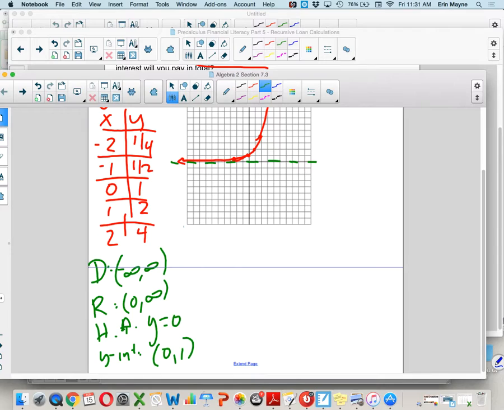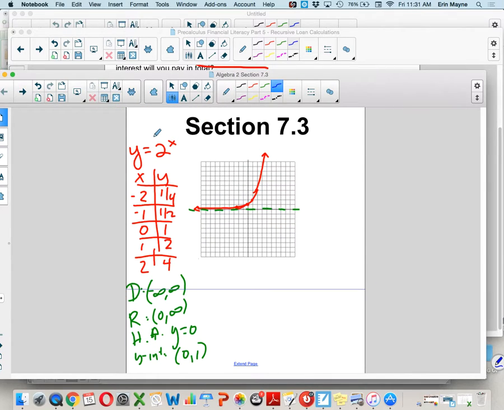Now, before we start to talk about the inverse, I want to put some words to x and y. These values are going in for the what? Where am I putting these values?